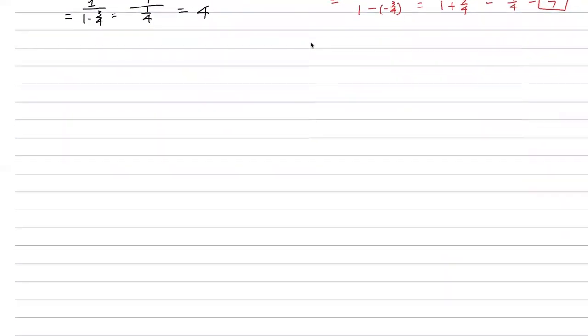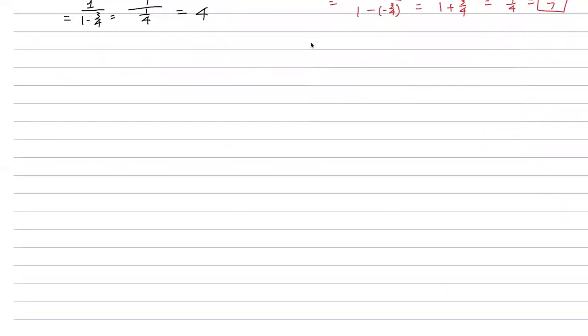Another example is if you have the summation, j going from 0 to infinity, of 4 to the j's power plus 3 to the j plus 1's power over 5 to the j minus 1's power. For this question, it looks very complicated, but let's just separate it into two different fractions.